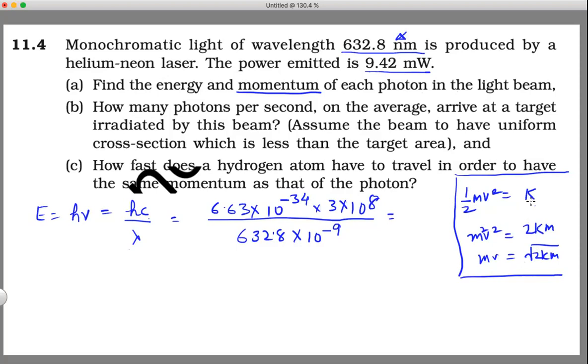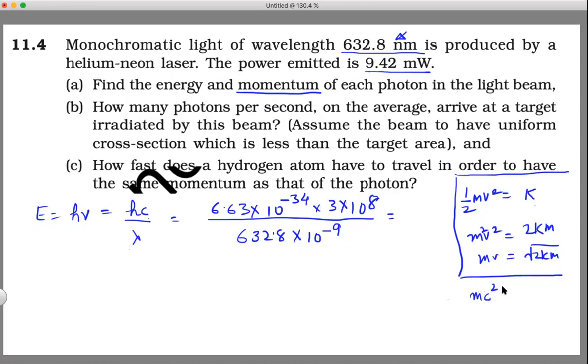But in case of the photon, there is a small difference. And the difference is that the energy of the photon is mc square, not half mc square.